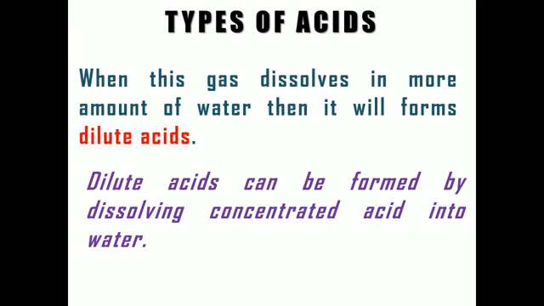Otherwise, if we add water into the acid, there will be a sudden exothermic reaction. That means heat will come out and it can explode also. That is why we have to be very careful. So remember, we have to add acid into the water.